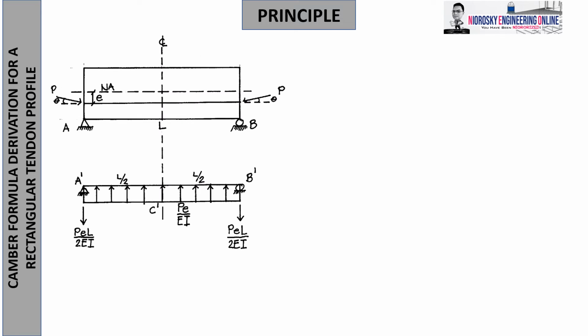So, let us try to understand. Take a look at this. You have a portion here in between the tendon and the neutral axis. Let us repeat: this is the tendon, the one at the bottom, and the neutral axis is on top.